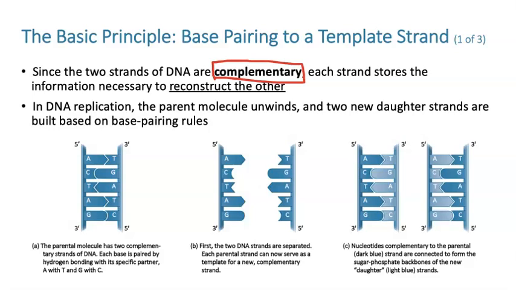In DNA replication, this parent molecule, and that's what we call it, the original one is the parent molecule, unwinds and it opens apart, and these hydrogen bonds are broken, and each of these 2 sides are still called the parental strand, and they serve as a template for the new complementary strand.